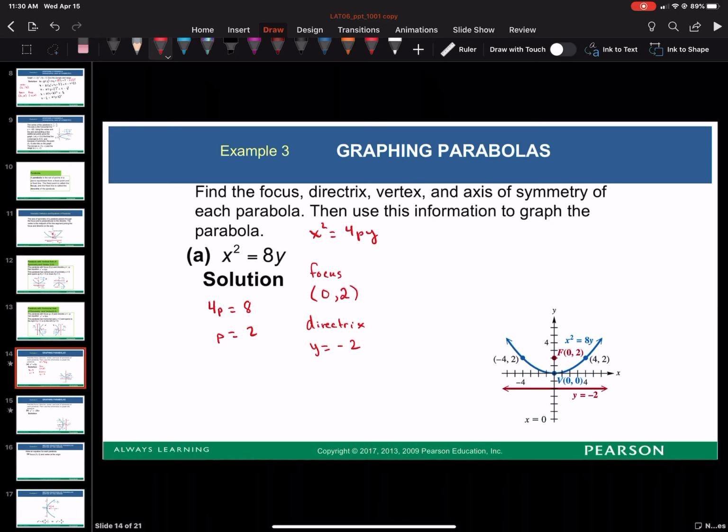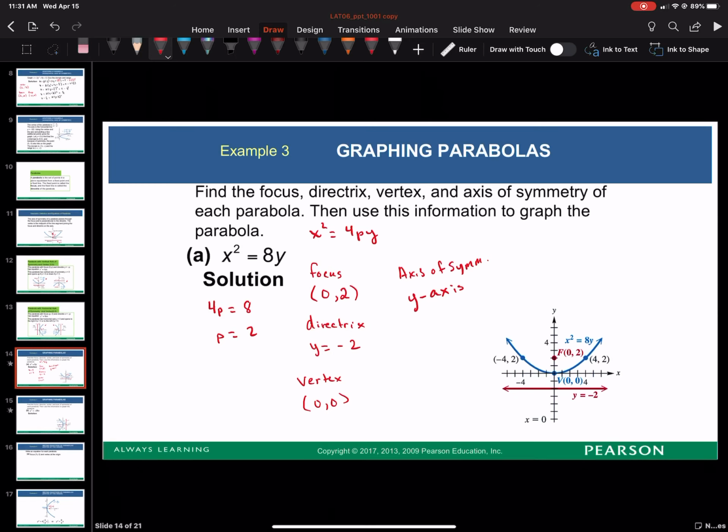And in this case, our vertex, since we don't have an h and k, is (0, 0). And our axis of symmetry would just be the y-axis.